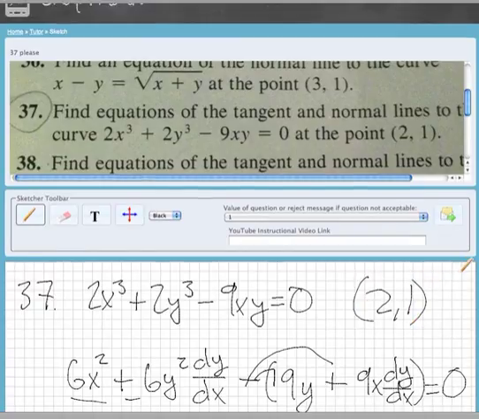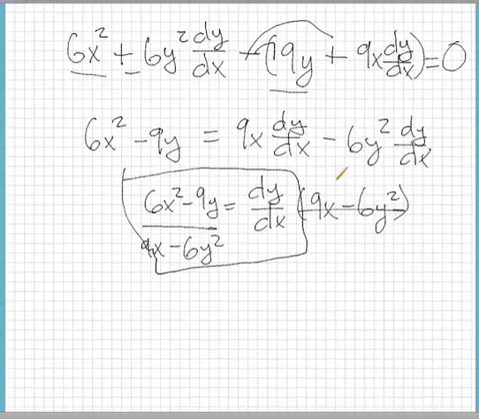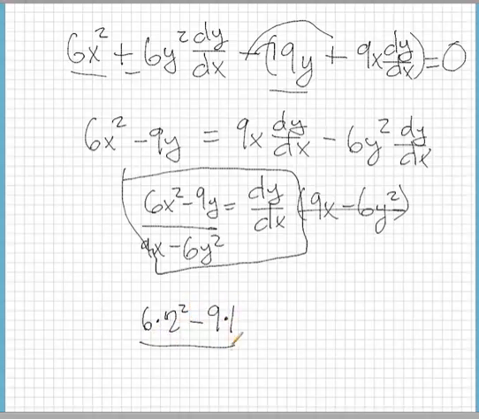In the question, it said it's going to be at the point (2, 1) where we want the slope, or the tangent line and the normal line. So we're going to find the slope. We're going to plug those two numbers into this equation to find the slope at that point. So x was 2, so it's going to be 6 times 2 squared minus 9 times 1, over 9 times 2 minus 6 times 1 squared.